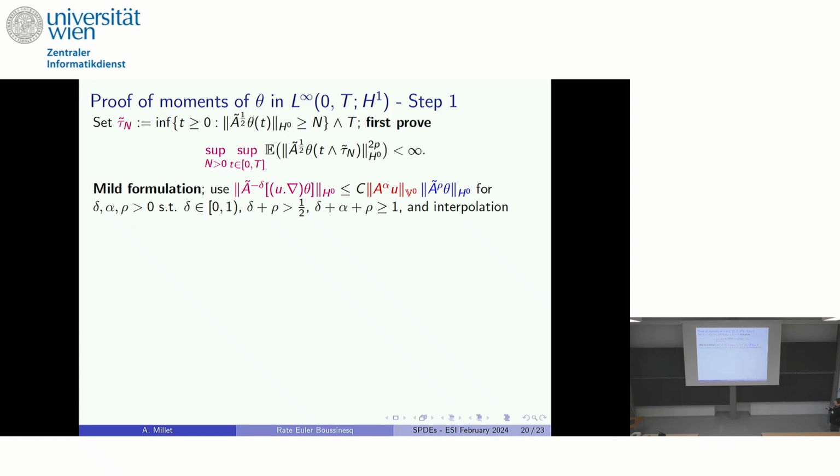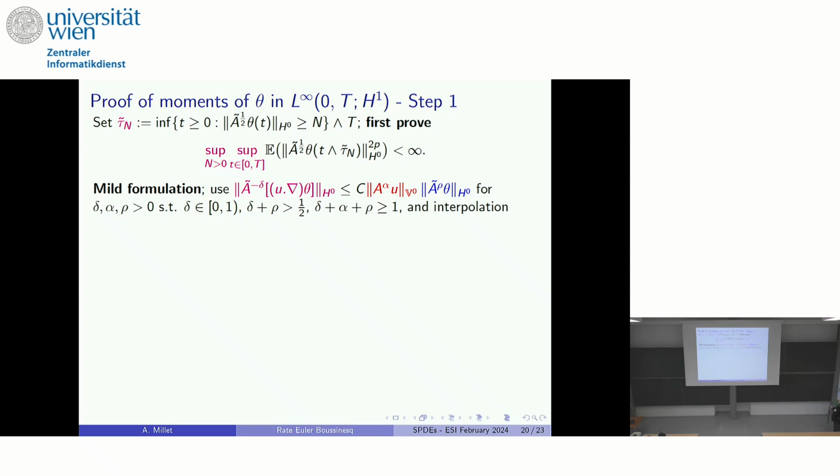So the L2 norm of this bilinear term can be upper-estimated by positive exponents of the A to the alpha u, L2 norm, and here A to the rho of the temperature, L2 norm. And there are some constraints between these three exponents. On one hand, you want that delta plus rho is strictly larger than a half, and that the sum of all three exponents be larger than or equal to 1.